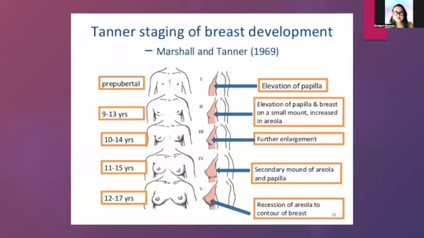This is Tanner staging of the breast development we use in mainly female, but if there is abnormal breast development in male or gynecomastia, you could potentially use part of the chart as well. But you see pre-pubertal, you might have elevation of the papilla, but you're not going to see an increase in the alveoli until Tanner stage 2, which is somewhere between 9 and 13 years old.